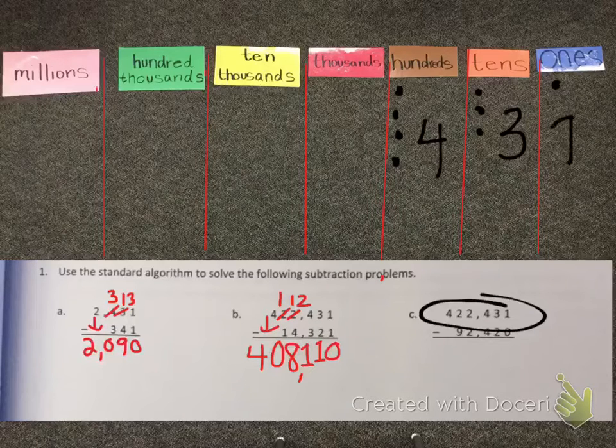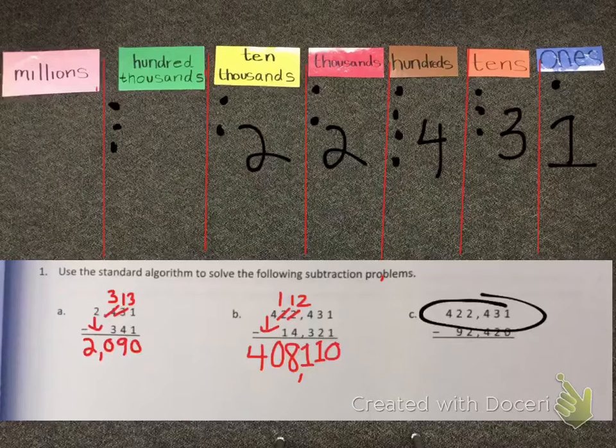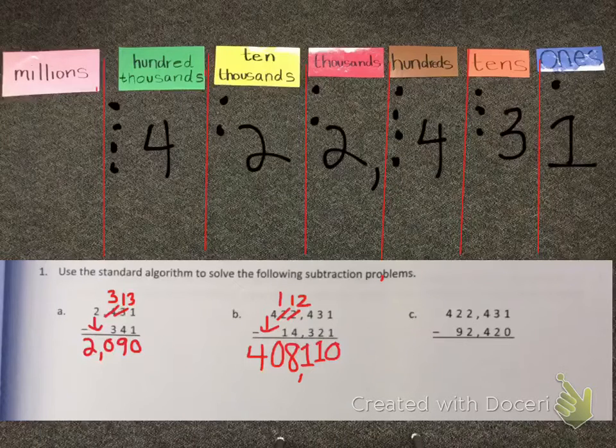I need to make it at least manageable. There we go. 2 thousandths, 2 ten thousandths, and 400,000. Excellent. We are subtracting now. 92,420. So boom, boom, boom, boom, and boom. Cool.